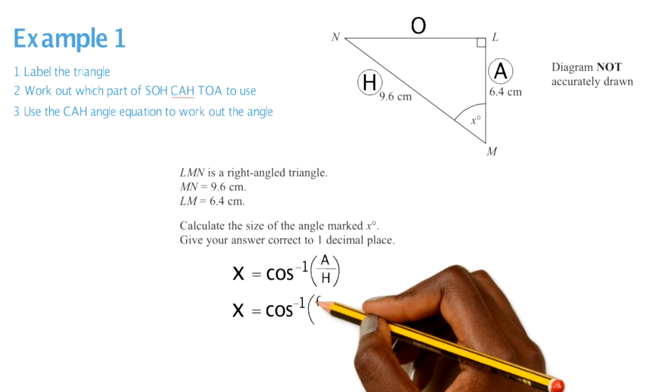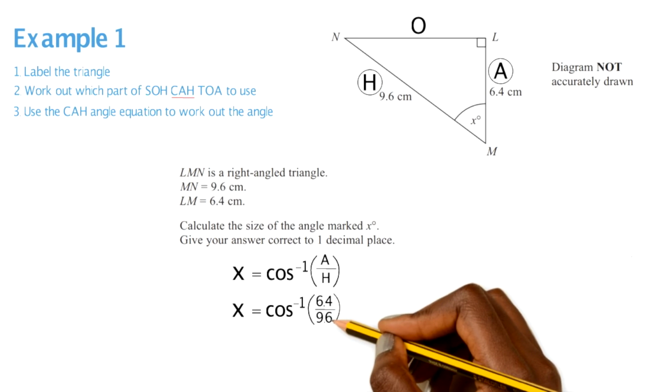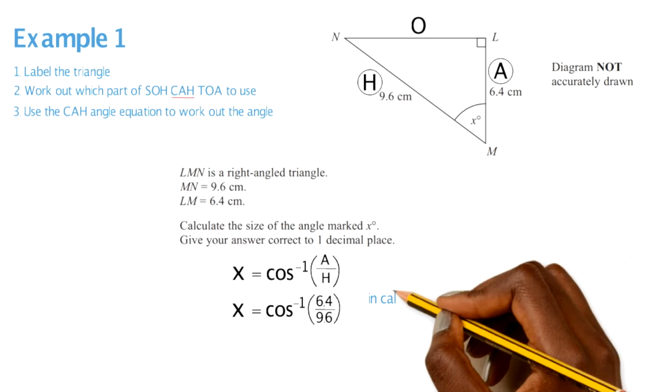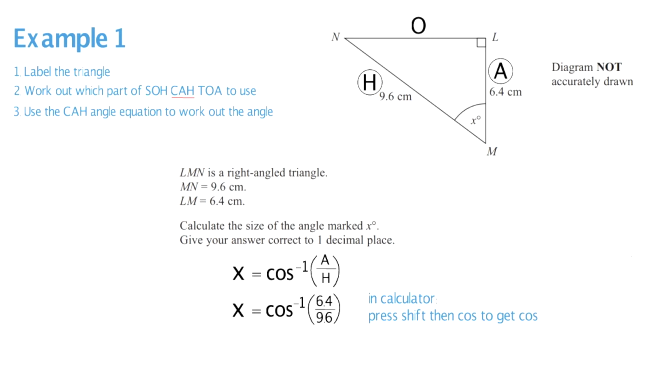So it's going to be 6.4 divided by the replacement of H, which is 9.6 for this question. And when you put that into your calculator, you would come out with an answer. So this is just reminding you to press shift then cos to get cos minus 1. So putting that all in would leave you with 48.2 degrees to 1 decimal place.